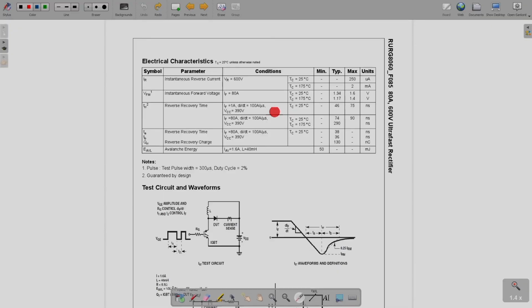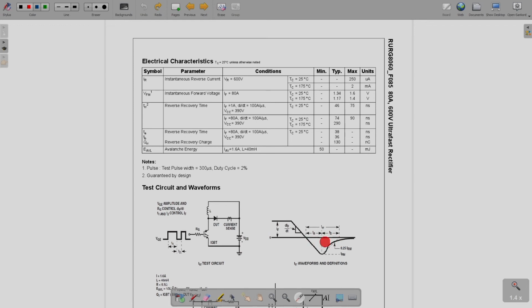Then there are your reverse recovery times Ta and Tb. Ta and Tb are the two which we had written as T4 and T5 when we discussed the switching characteristics of the diode.